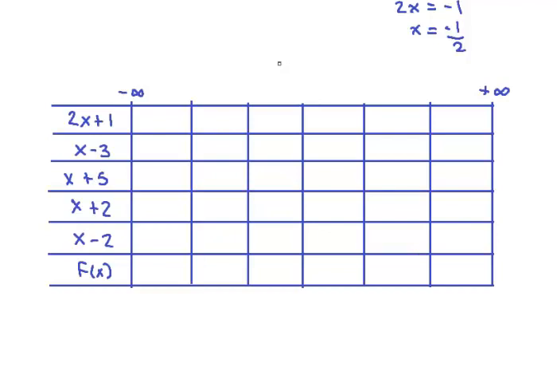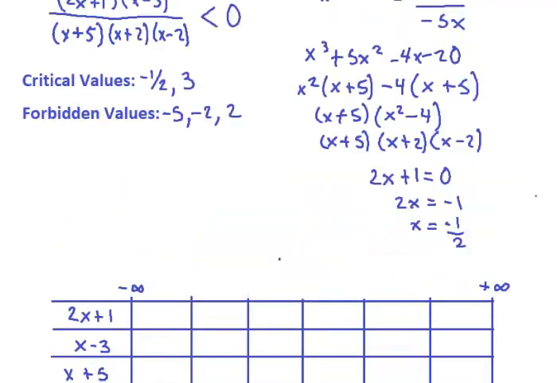Okay, so 5 vertical lines done. And I need to write the values, both critical and forbidden, in order. So from the lowest number, which will be -5, I keep going to the next number, which will be -2, then -1/2, then +2, and finally 3.